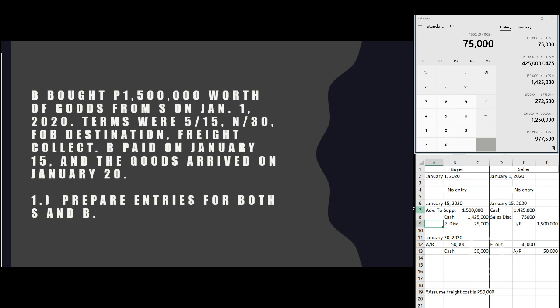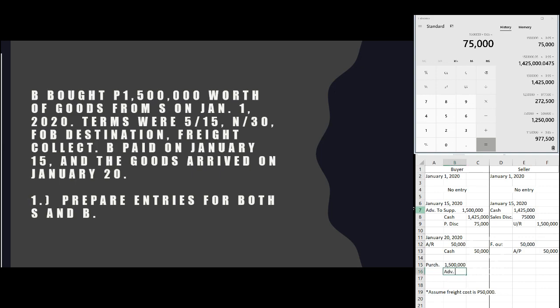Okay, now, ito, punta tayo dito. Ngayon, na-deliver na yung goods. Okay? Na-deliver na yung goods. Which means, pwede nang mag-record ng purchases si buyer. So, on a separate entry, pwede na tayo mag-debit ng purchases 1.5M. And then, alisin na natin yung advances to supplier.